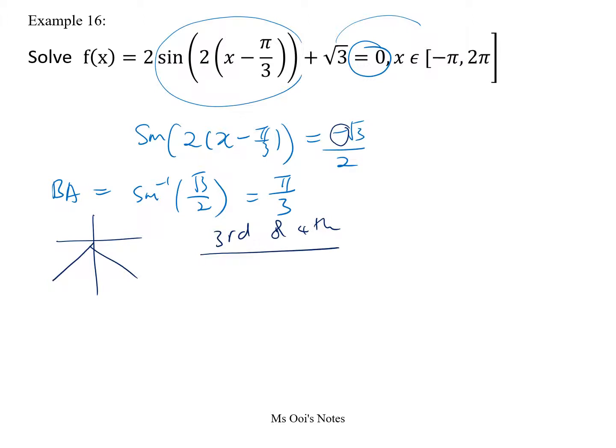So as before, third quadrant, pi plus pi on 3, which gives you 4 pi on 3. And the other answer would be 2 pi minus pi on 3, which gives you 5 pi on 3.